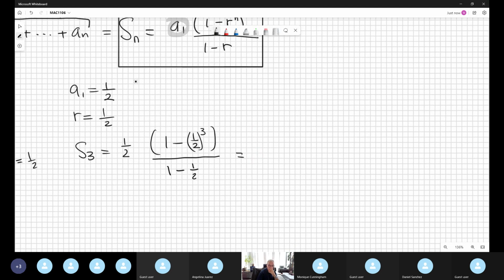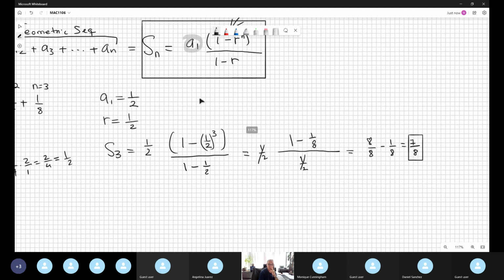According to the order of operations, we do the exponent or parentheses first. It's 1 minus 1/8, because 2 cubed is 8, and 1 cubed is 1. And 1 minus 1/2 is 1/2. The 1/2 in front and the 1/2 in the denominator cancel out, multiplication and division by the same number. And 1 is 8/8, minus 1/8, is 7/8. This was the answer using the formula.